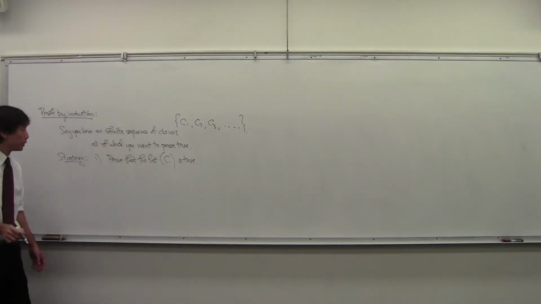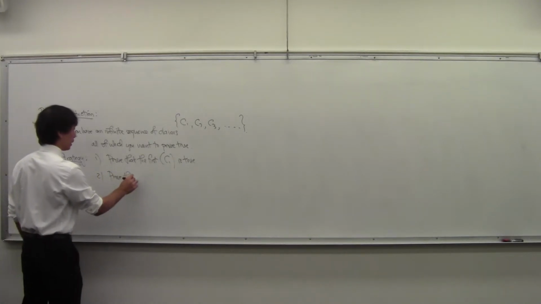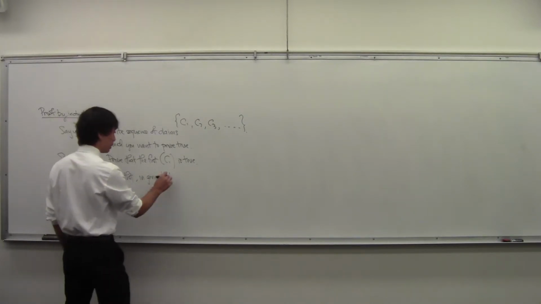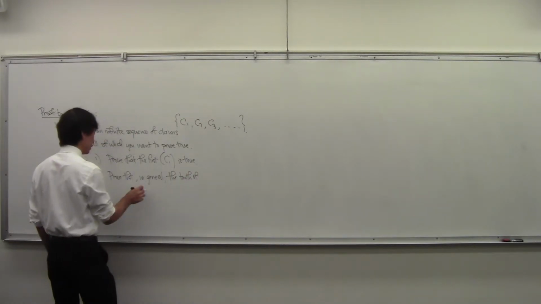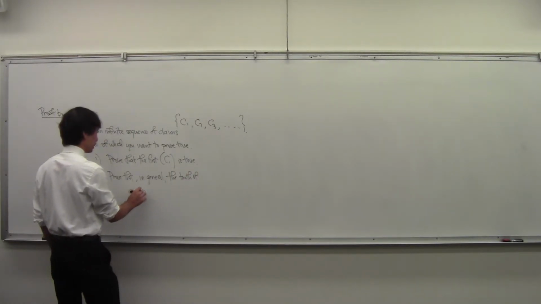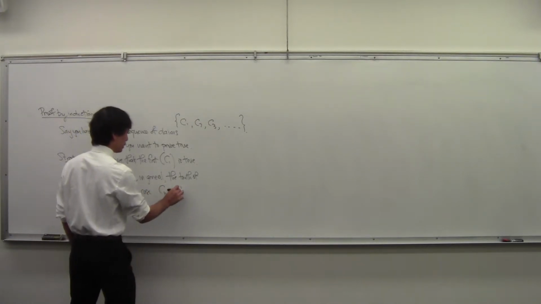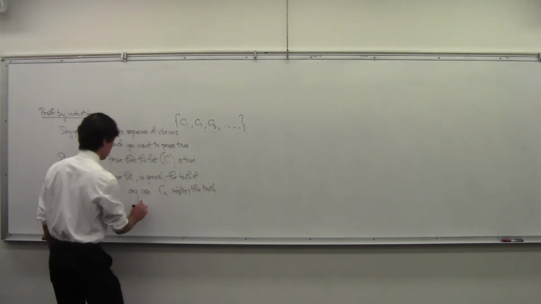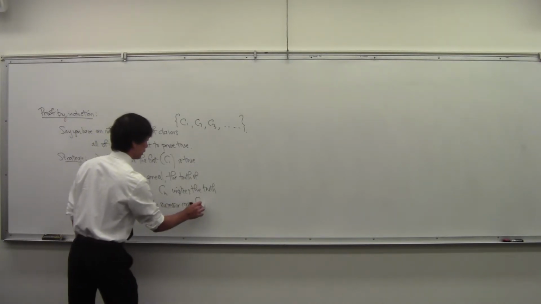So prove that the first is true, and prove that, in general, the truth of one case, of any case, Cn, implies the truth of its successor case, Cn plus 1.